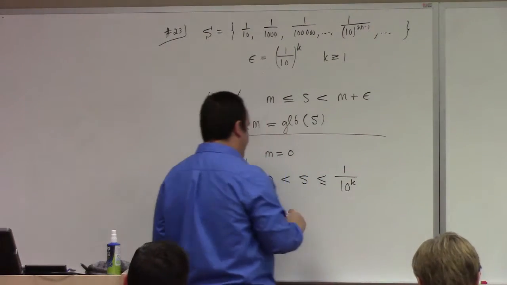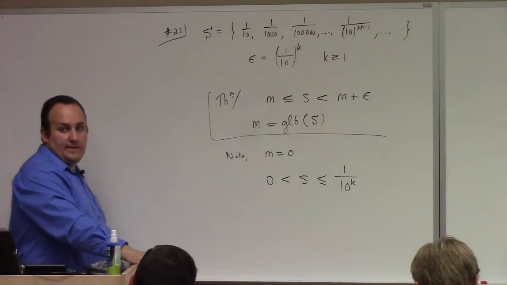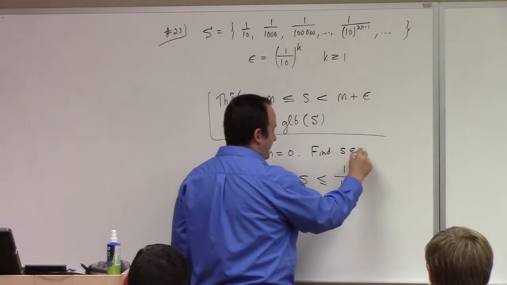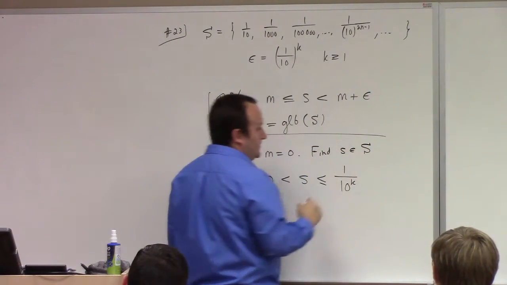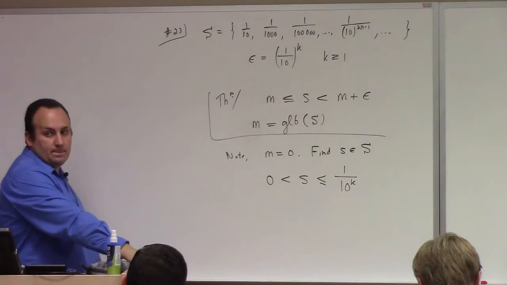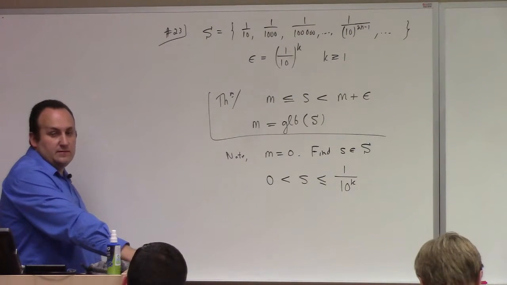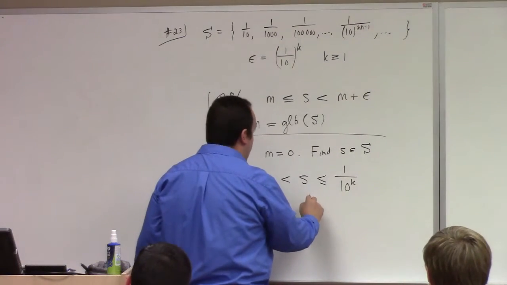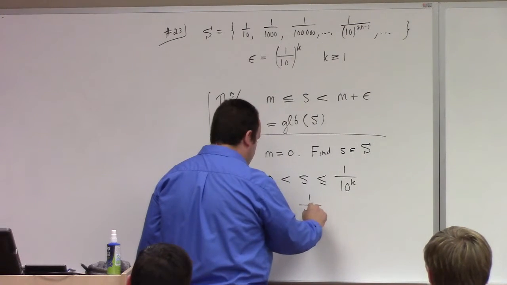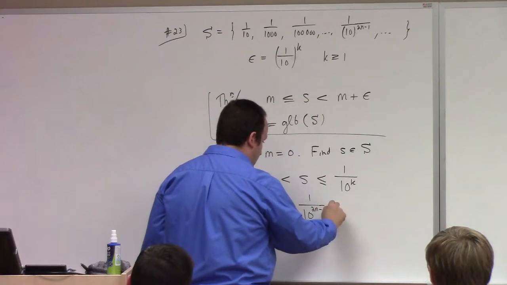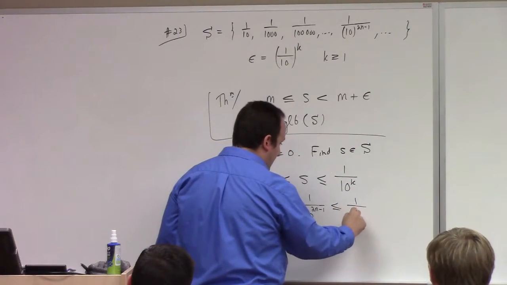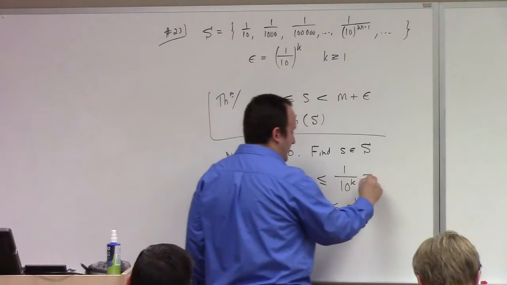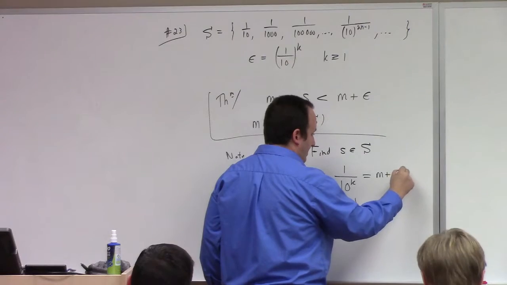Now little s is an element of the set, so it's not just any old real number, it's a real number of a very particular form. They gave us what the arbitrary element looks like right here. So what we're really trying to solve is 1/10 to the 2n minus 1 is less than or equal to 1/10 to the k. This is the m plus epsilon.